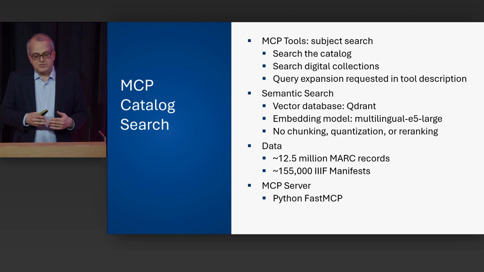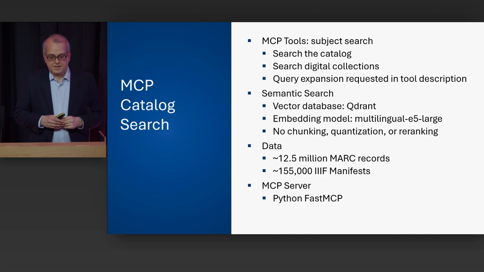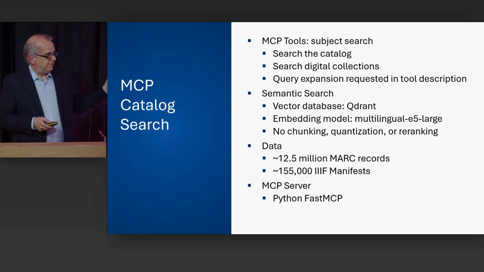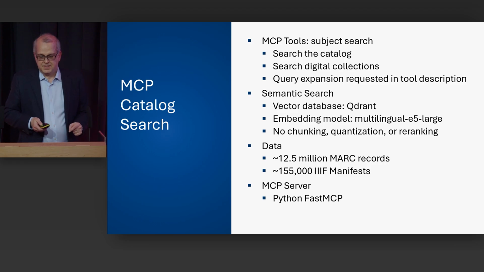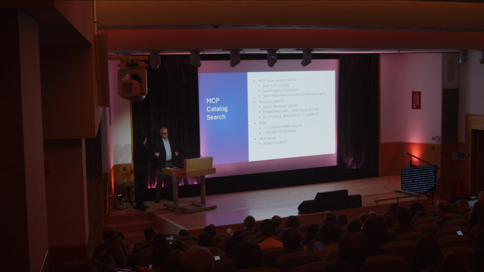And another searches our digital collections. To build that index, we created vectors for about 150,000 IIIF manifests, extracting the metadata block and just creating a vector off of that. I won't go into the rest of the details here, but the infrastructure is really simple and not difficult to run. So at this point, I'm going to hand over to Chelsea to demonstrate the tool and talk about her user study.